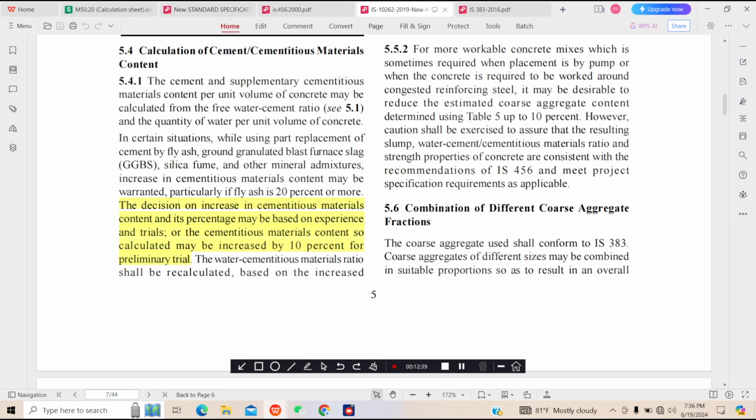Yeah, here we can see the decision on increase in cementitious material content and its percentage may be based on experience and trials, or the cementitious material content so calculated may be increased by 10% for preliminary trial. So from this we have increased the cementitious content by 10%.